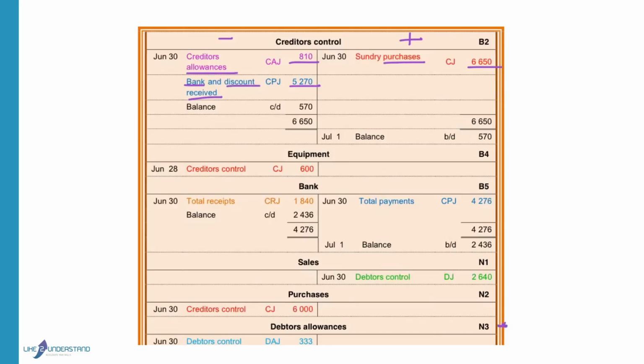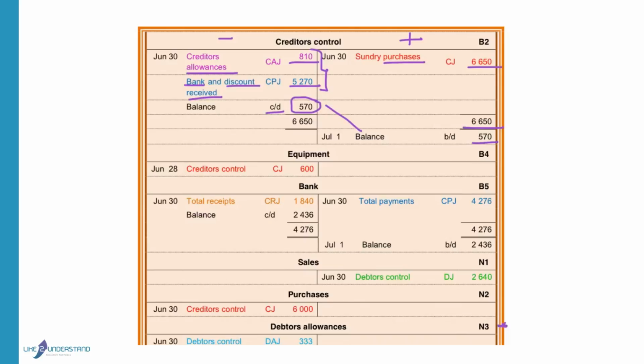Creditors control is a liability, so we will first add up the credit side, then subtract the amounts on the debit side to work out the difference between the credit and debit side, and that will give us a balance of 570. So the difference between the biggest side and the smallest side is my balance carried down. And on the first day of the next month, I will bring down the balance on the opposite side.